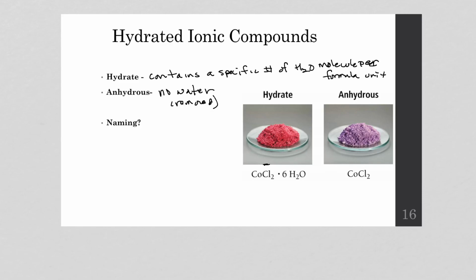And the cobalt, since we have 2 chlorines per cobalt, it has to have a 2 positive. So we have cobalt 2 positive, Cl minus as our 2 ions. So cobalt again is a transition metal, so we're going to have to put the charge in the name. So it's going to be cobalt 2 chloride.